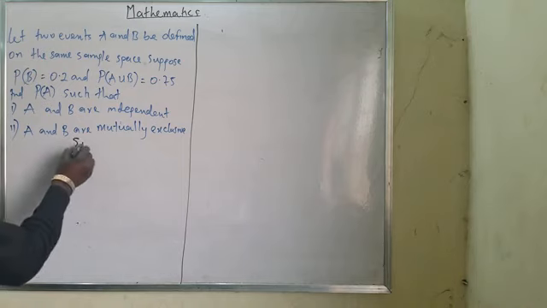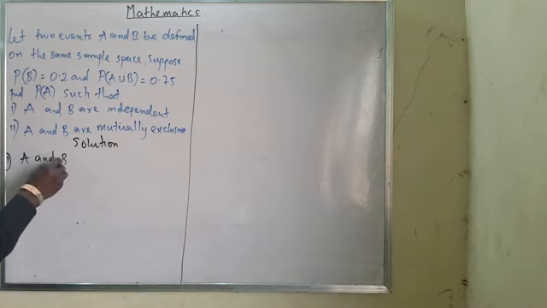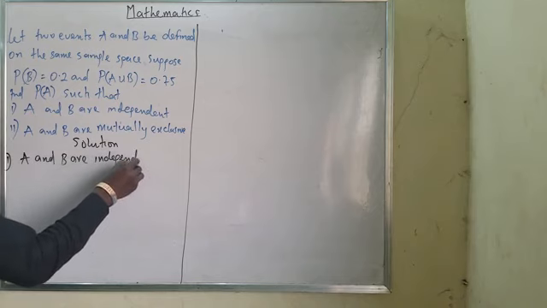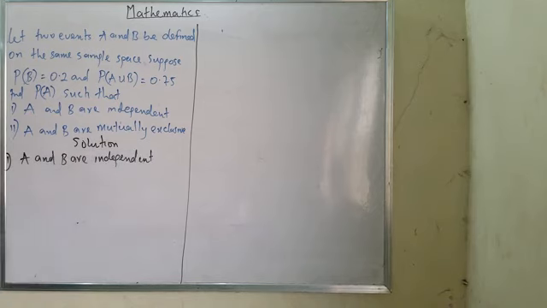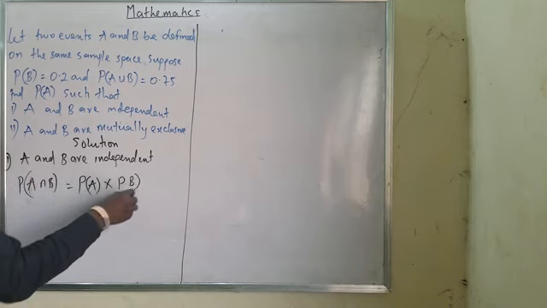Solution to this question. For number one, we are talking about A and B being independent. The interpretation is that the probability of A intersection B is the probability of A multiplied by the probability of B. Please take note of that.